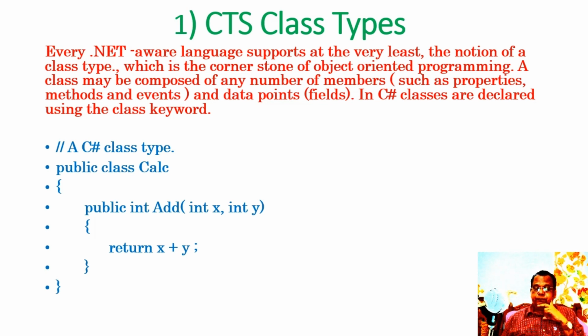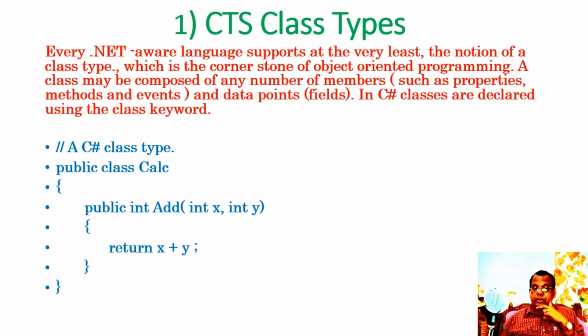A class may be composed of any number of members, such as properties, methods and events, and data points or fields.